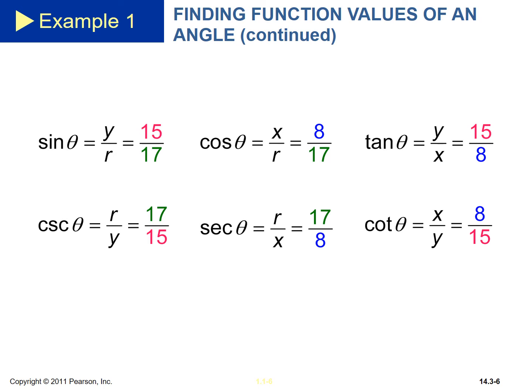The cosecant is reciprocal, so it would be the hypotenuse over the opposite. The cosine is the adjacent over the hypotenuse. The secant is just the reciprocal of that, or the hypotenuse over the adjacent. The tangent was the opposite over the adjacent, so the cotangent would be the adjacent over the opposite.